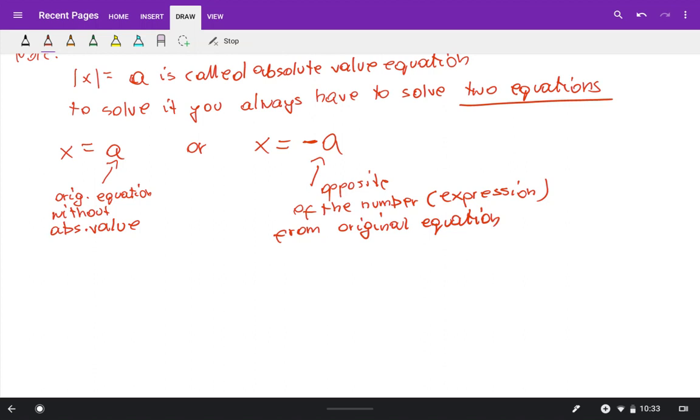So just remember, when you're solving absolute value equations, absolute value of x equal a, you're always going to solve two equations.